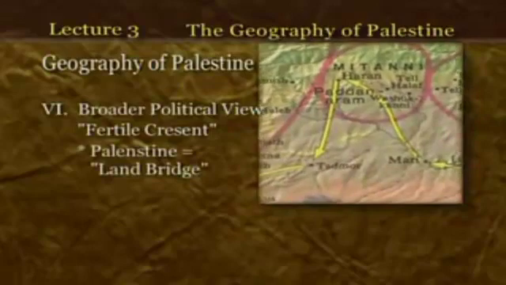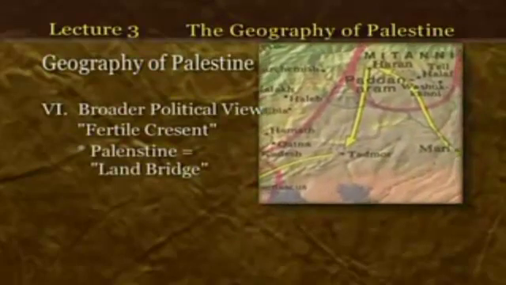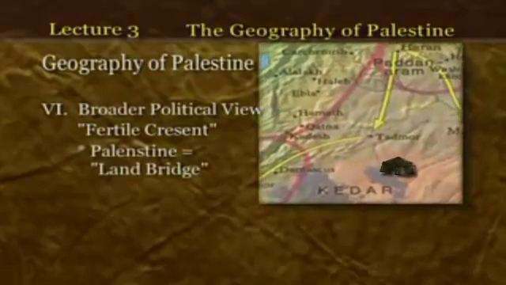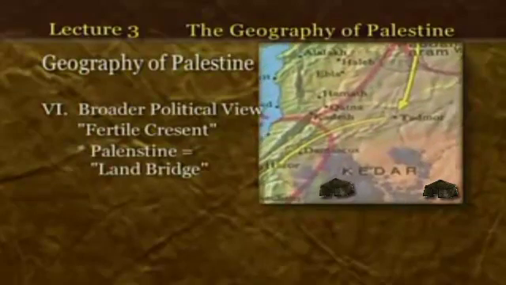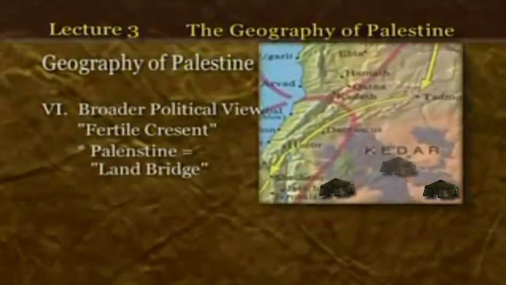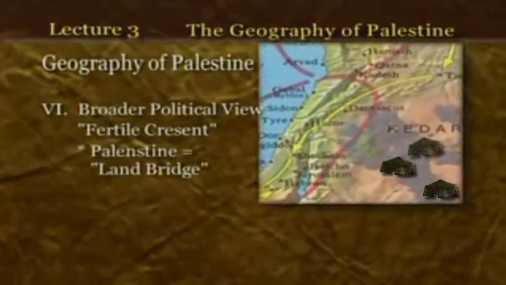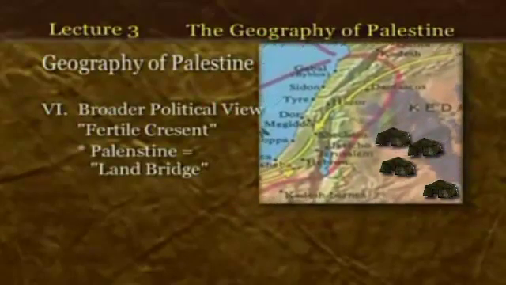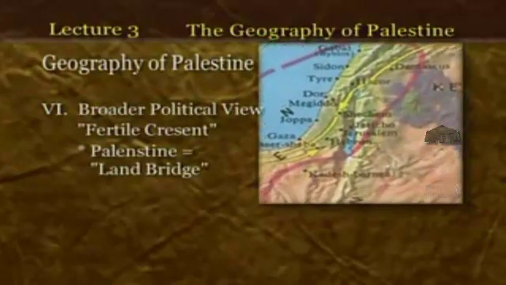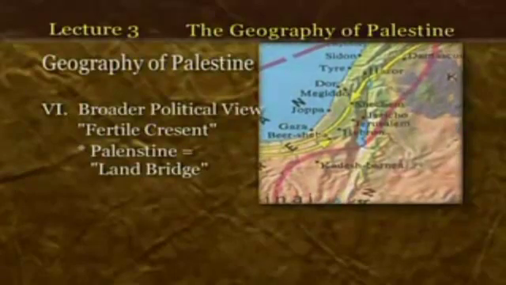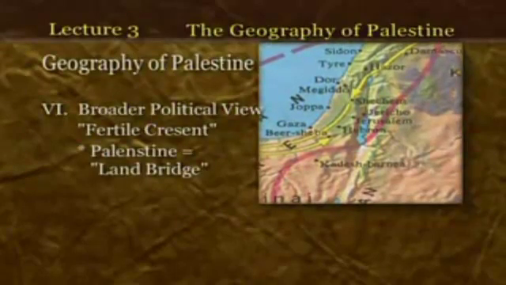Palestine is sometimes referred to as a land bridge between Africa and Asia, and moves into Egypt and along the Nile River.